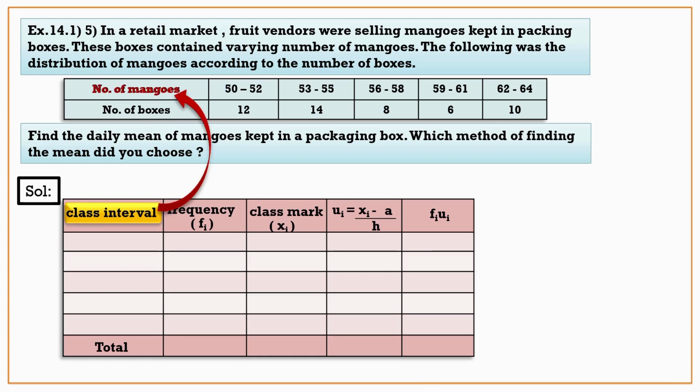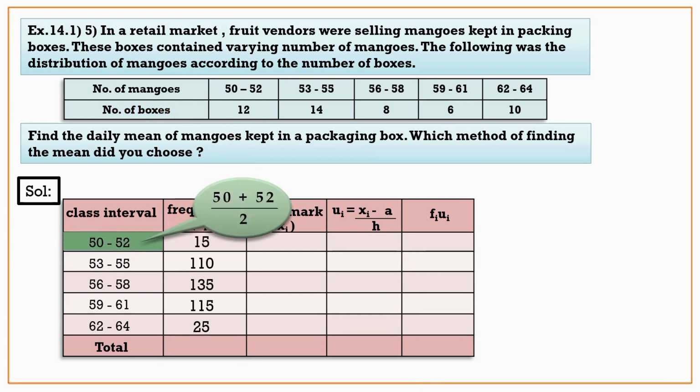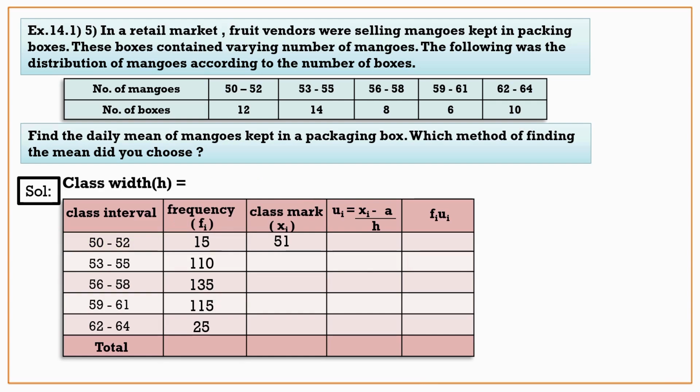So now just copy the class interval from the question and similarly the frequency. Now here the class mark we need to calculate, that is lower limit plus upper limit by 2.